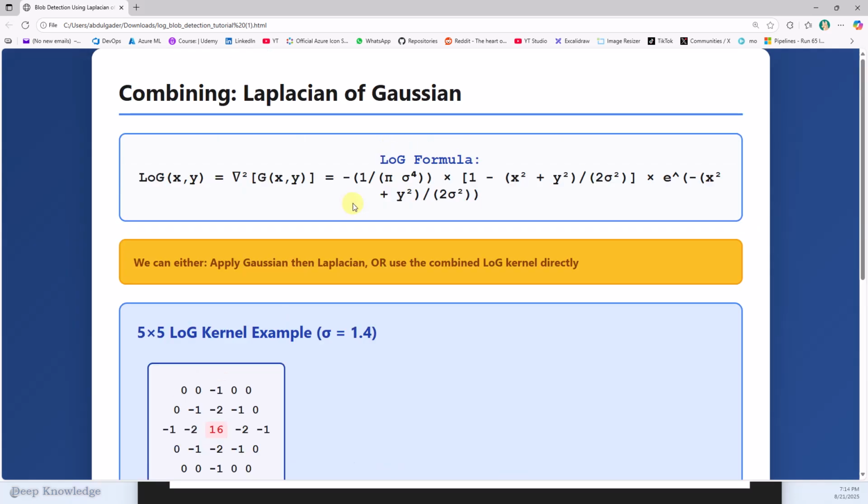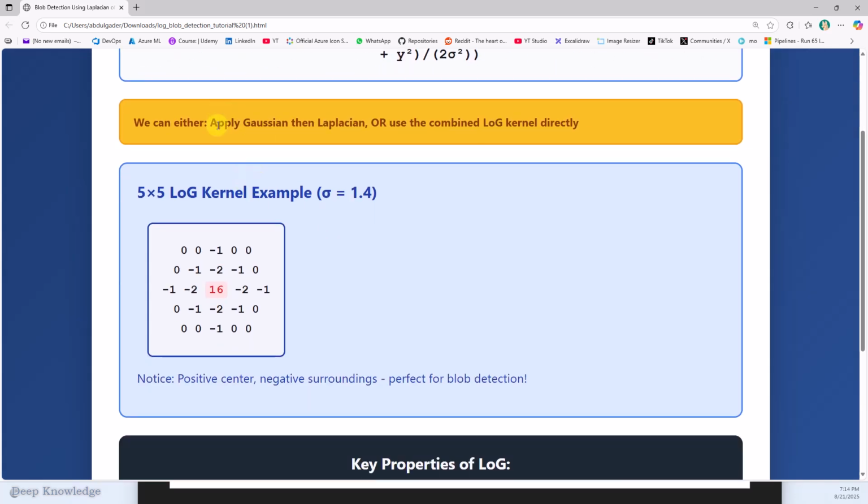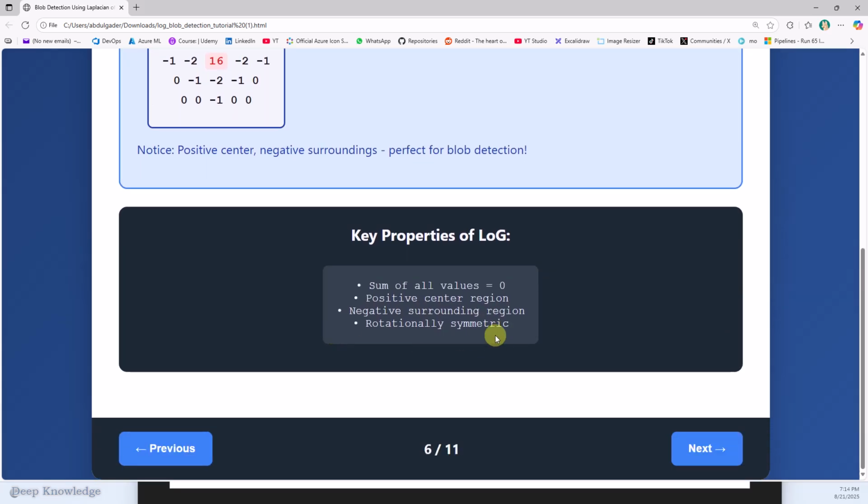Let's go back to this. This is the same for the Gaussian. After applying this Gaussian, for instance with standard deviation 1.4, we will calculate and see the result.